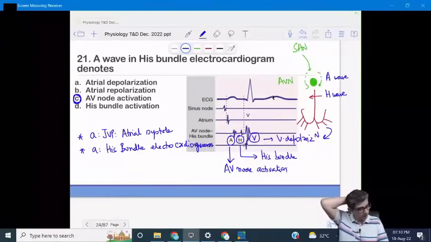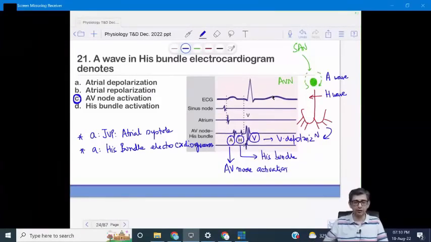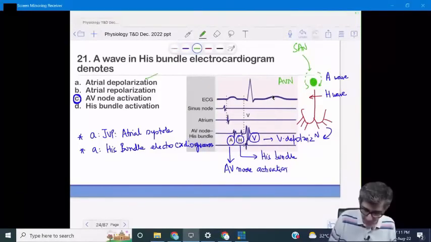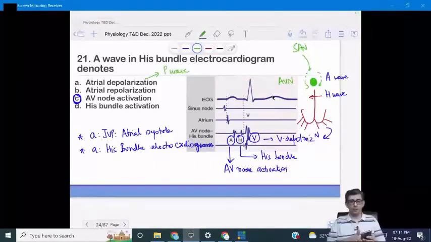In question number 21, I also got A as an answer. Atrial depolarization जो है वो तो P wave के लिए responsible होगा ना? 21 is sorted. It is option C.